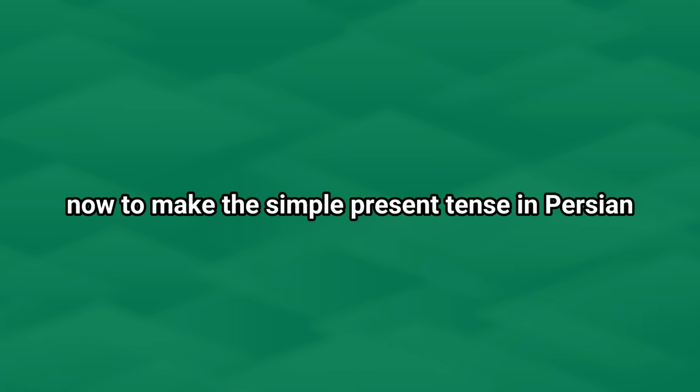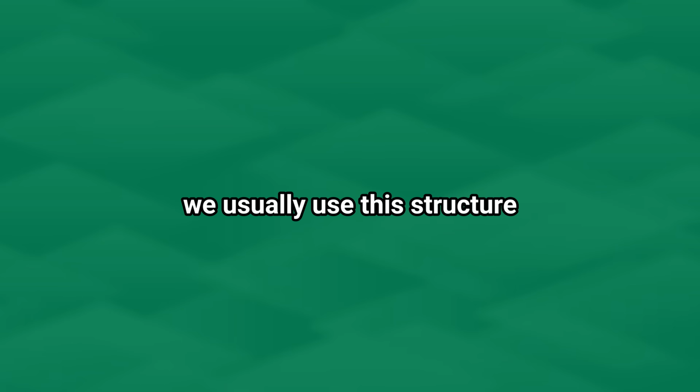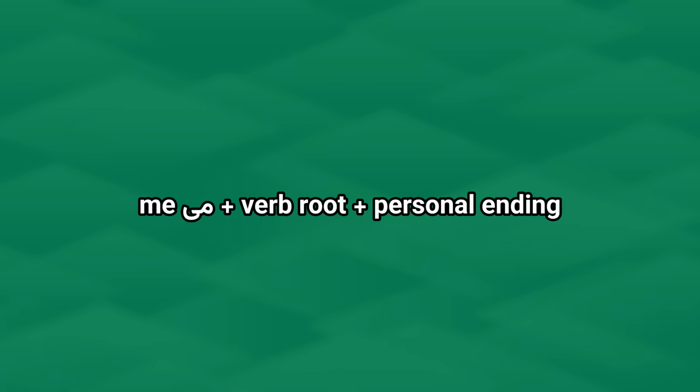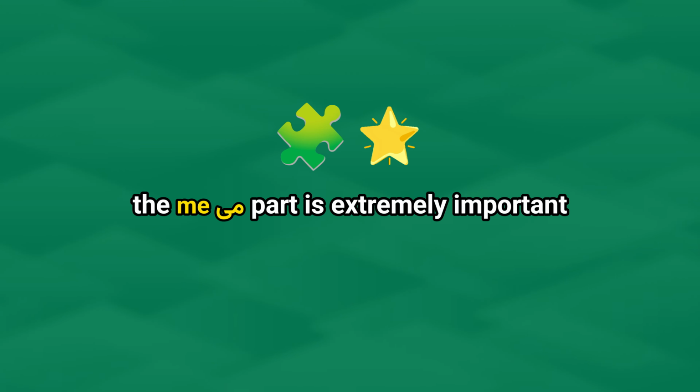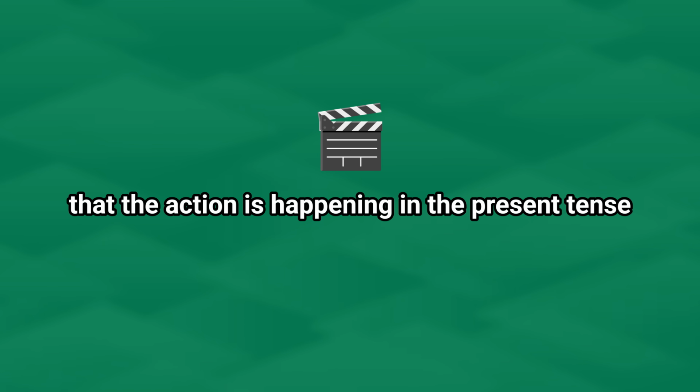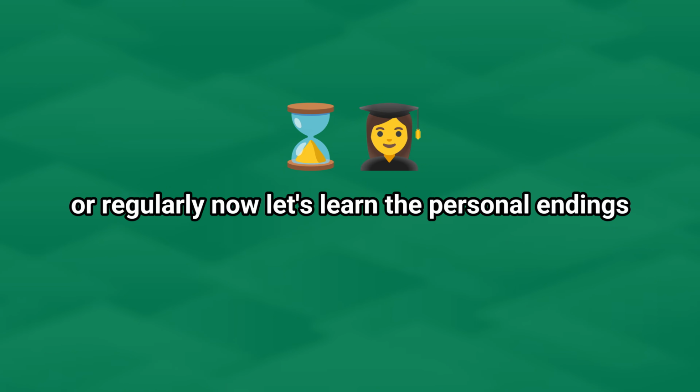Now, to make the simple present tense in Persian, we usually use this structure: mi plus verb root plus personal ending. The mi part is extremely important. It usually shows that the action is happening in the present tense or regularly.